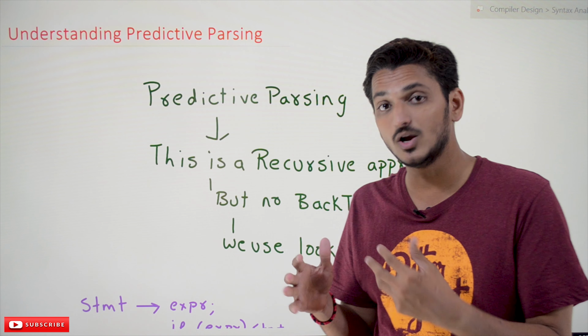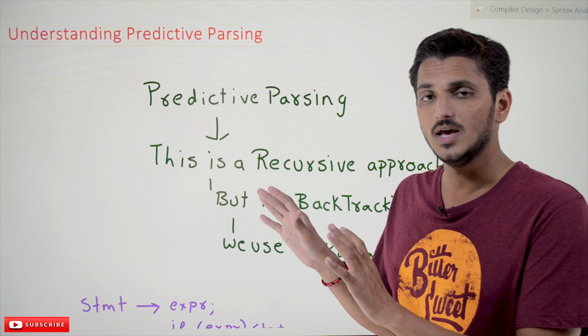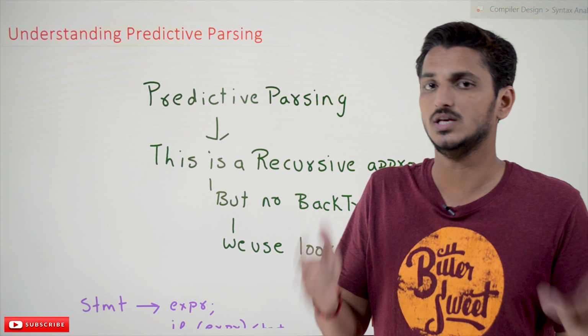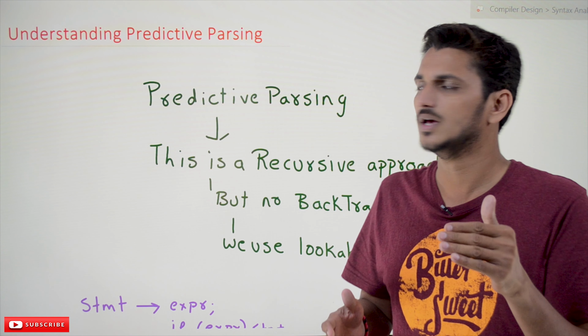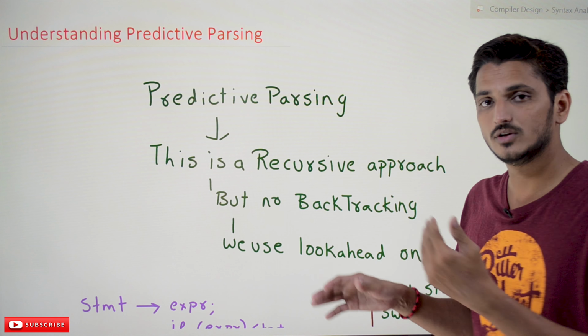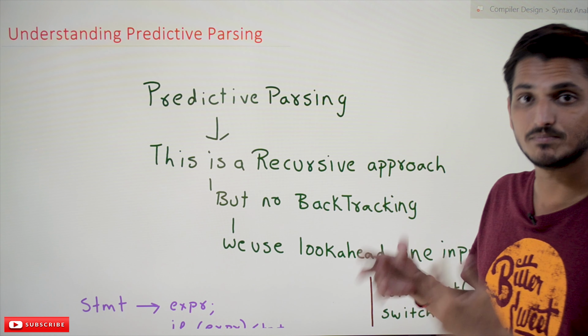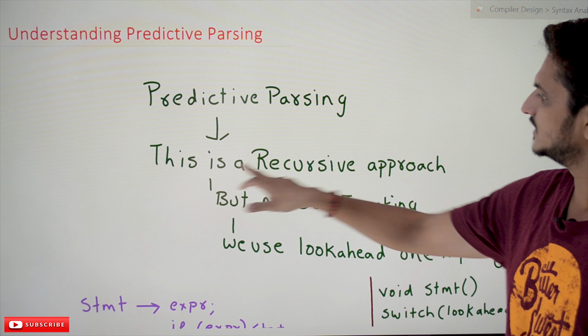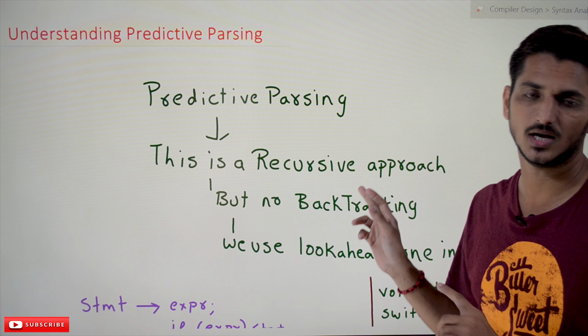It's a bit difficult to understand predictive parsing, but if you have good intuition about recursive descent parsing, it's very easy. Please concentrate. We are going to take an example and understand step by step what predictive parsing is. Predictive parsing is a recursive approach.